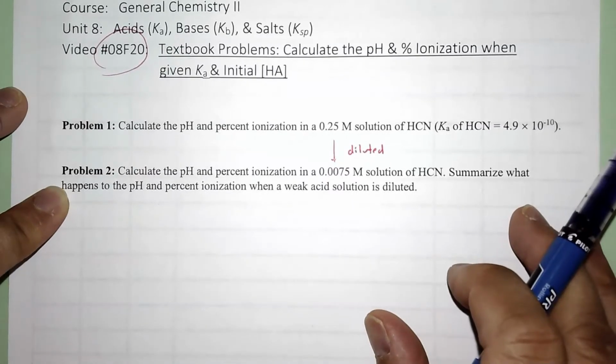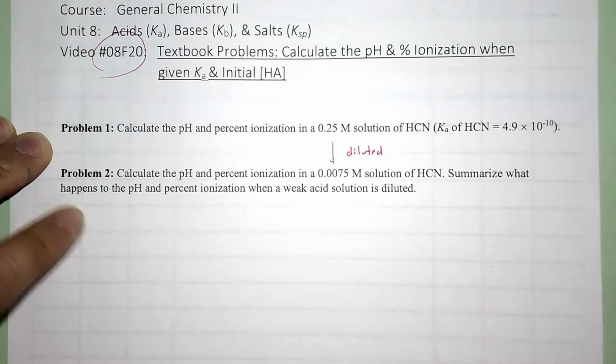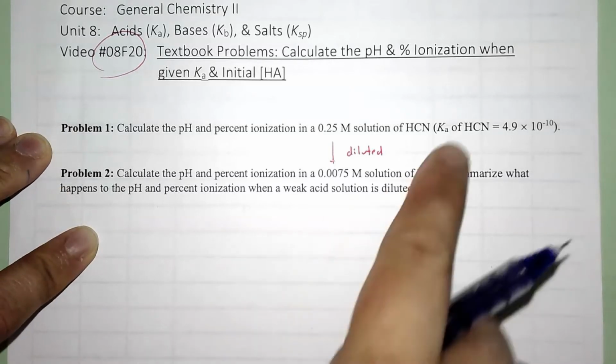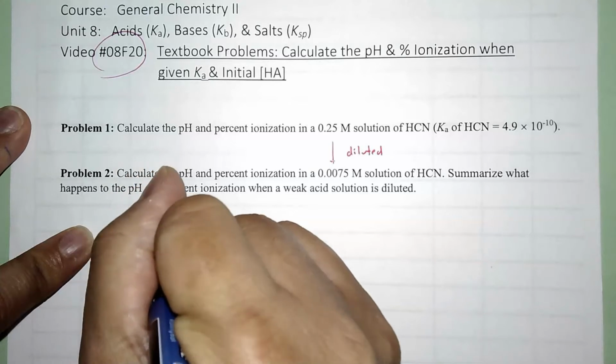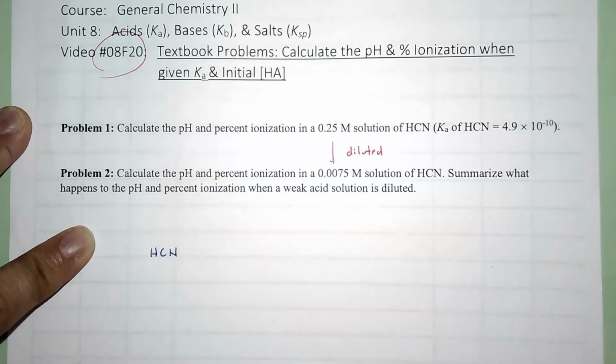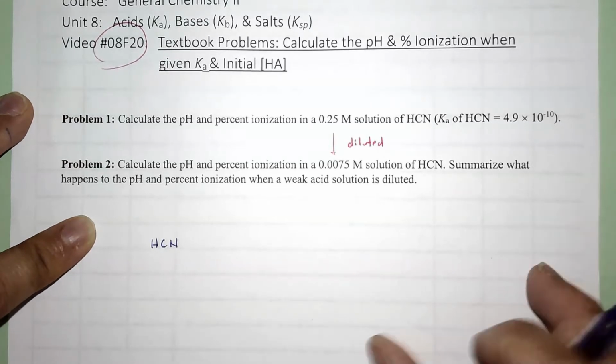When in doubt, I think we're a little more comfortable if we see a chemical reaction happening. We have HCN, which is a weak acid. I only know it's weak relative to the 7 strong acids that we need to memorize from a previous video.